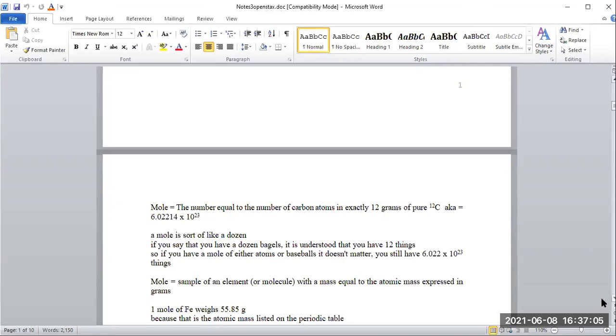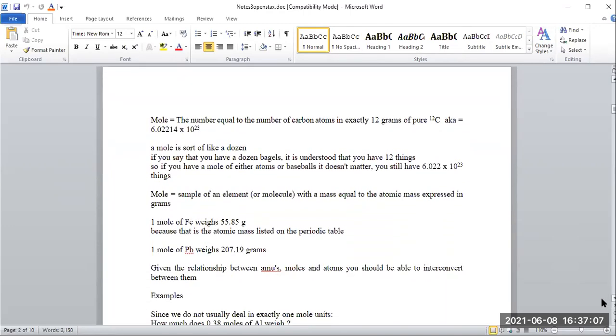When we look on the periodic table, we're going to make double use of the atomic masses. We mentioned iron before in the last chapter as having an atomic weight of 55.85. That also means 1 mole of iron weighs 55.85 grams.